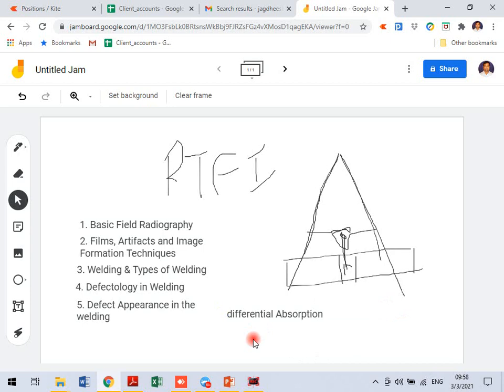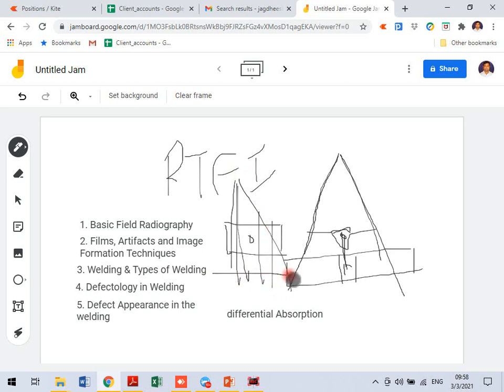So for example, there is a weld, a block like this, and there is a hole here. The radiation passes continuously and reaches the film. So here there will be more transmission, but what actually happens is the absorption here is more and here it is less.